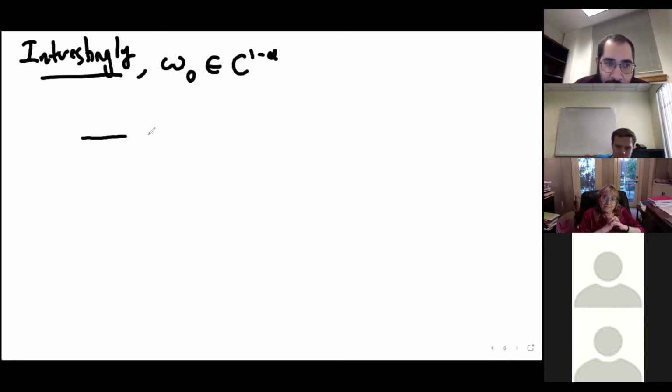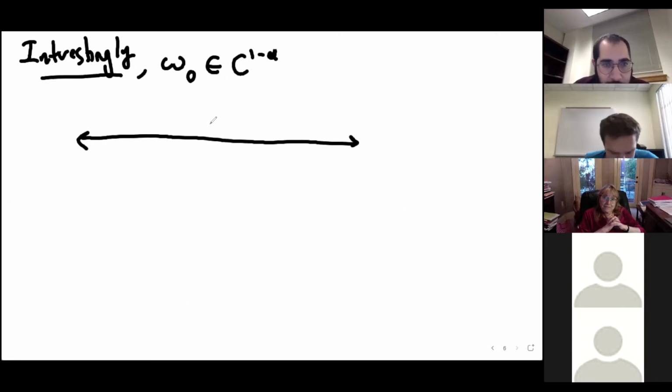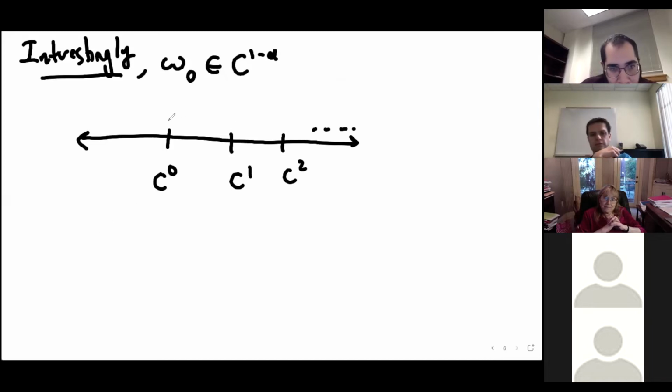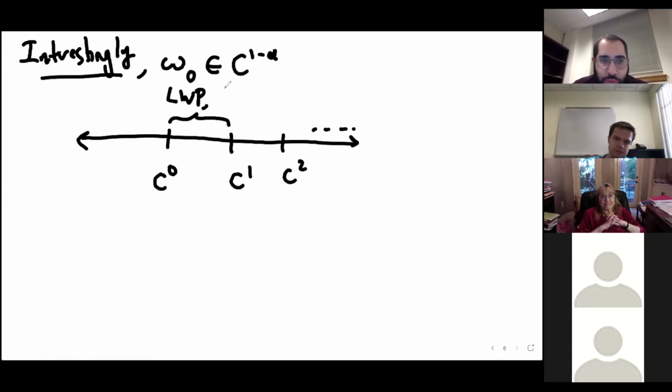And interestingly, if you put spaces on a line, C1, C2, dot, dot, dot, here's C0. In this whole region between C0 and C1, not including C1, so say I'm in the C alpha range, if you start going to more exotic spaces, what I'm saying is not exactly correct, but if you just think in C alpha, then in this whole region in the middle, you have local well-posedness, but solutions may blow up. No global well-posedness. But once you pass C1, you have global well-posedness.